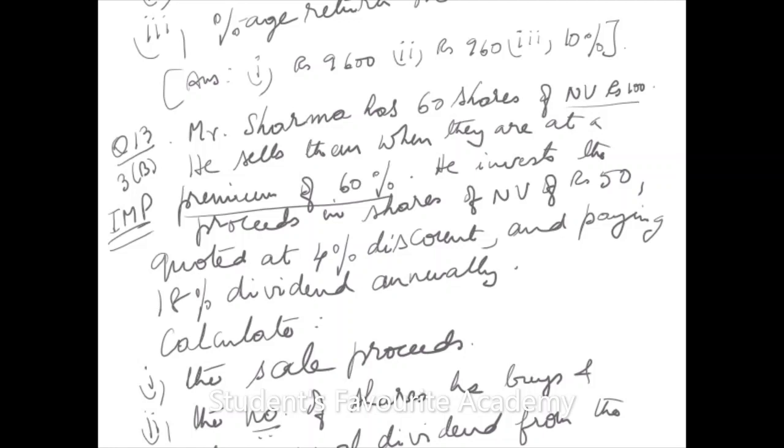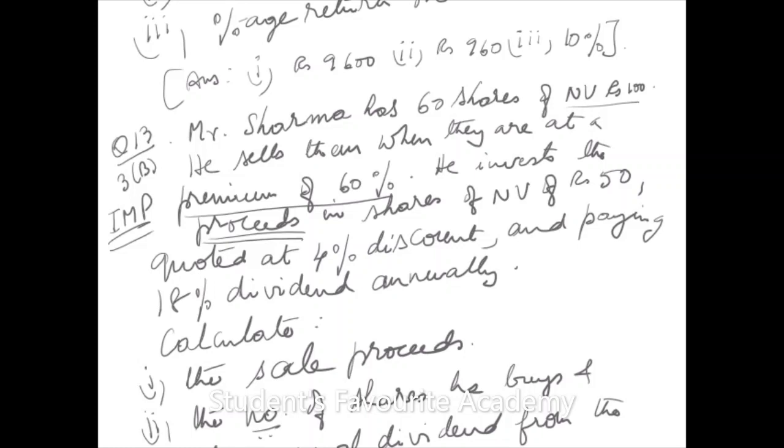Okay, so he then invests the sale proceeds, or simply proceeds, meaning the money which he gets. This is the term used in this type of questions. So he invests the proceeds. Proceeds means the selling price that he gets by selling those shares at a premium of 60%.